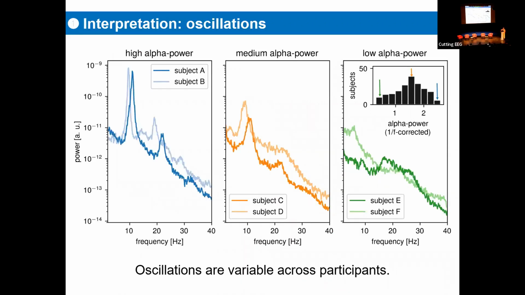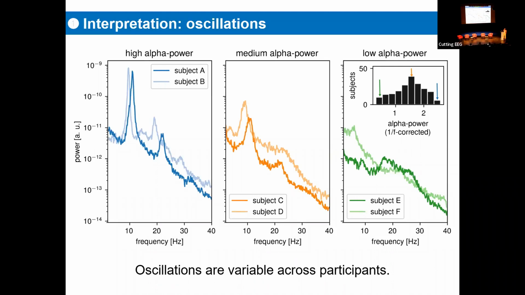The first thing to note maybe is that oscillations are very variable across participants. Here I plotted 6 participants. This is just resting state data. And you can see that the prominence of the peak varies quite a bit. This is the representative participant, of course. Here the peak is quite prominent.